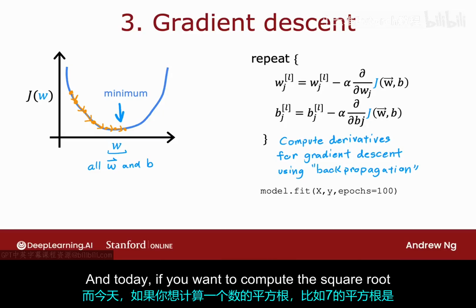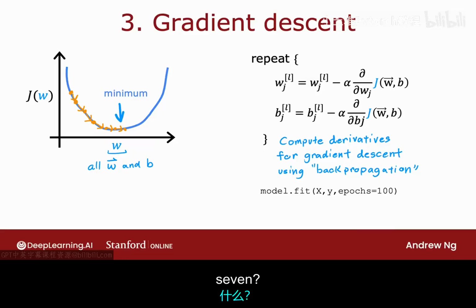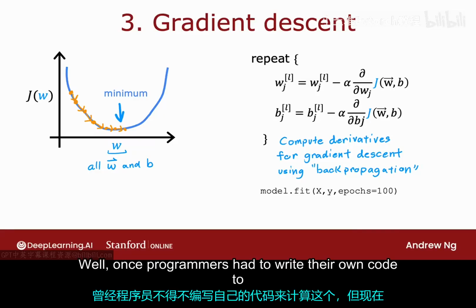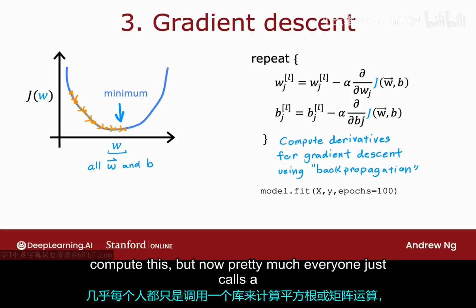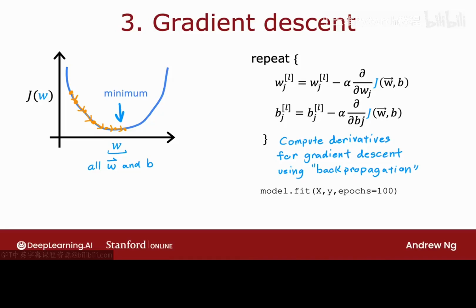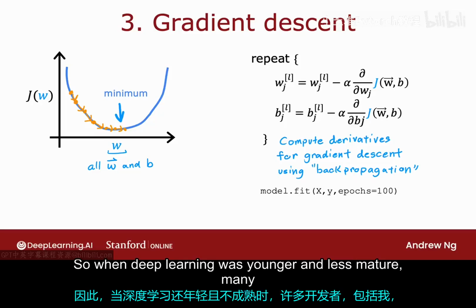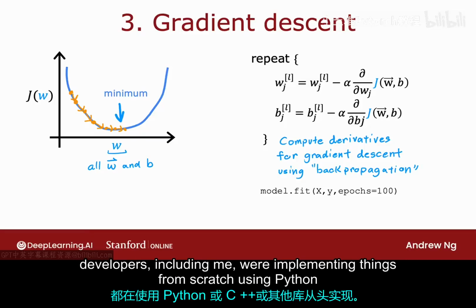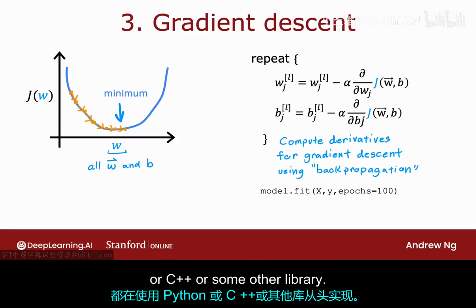And today, if you want to compute the square root of a number, like what is the square root of 7? Well, once programmers had to write their own code to compute this, but now pretty much everyone just calls a library to take square roots, or matrix operations such as multiplying two matrices together. So when deep learning was younger and less mature, many developers, including me, were implementing things from scratch using Python or C++ or some other language.